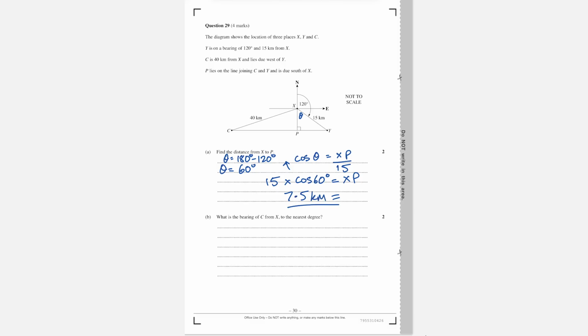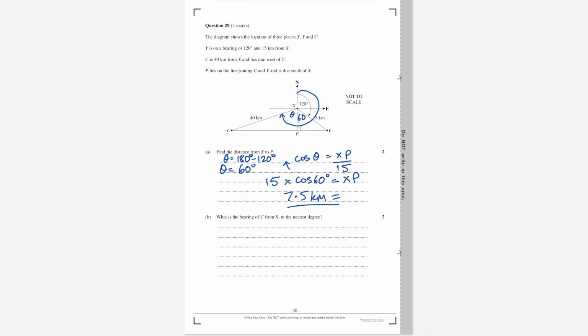What is the bearing of C from x to the nearest degree? Okay, so our origin is x, and we want to find this big angle all the way around here. We already know what theta is, but we want to find out what this one here is. So we'll get rid of this and we'll call that 60 and then call this one theta.